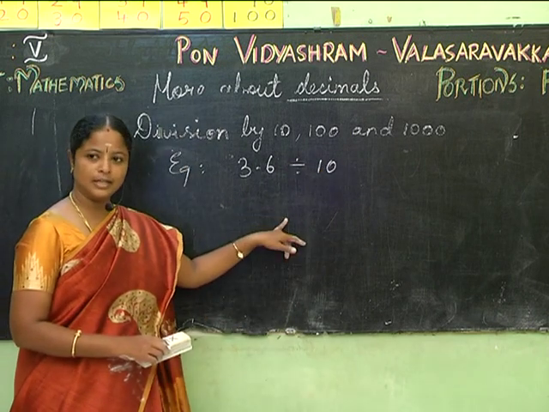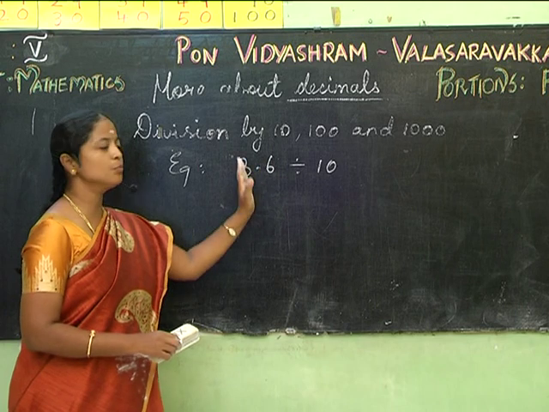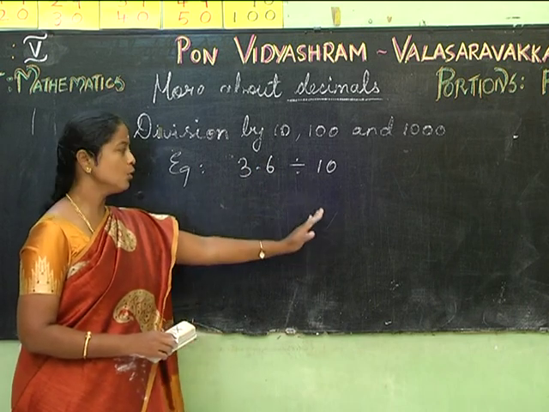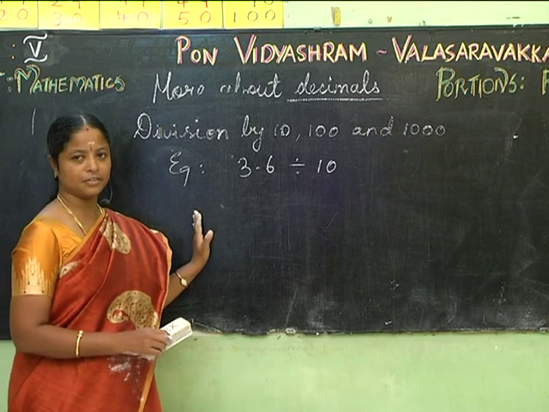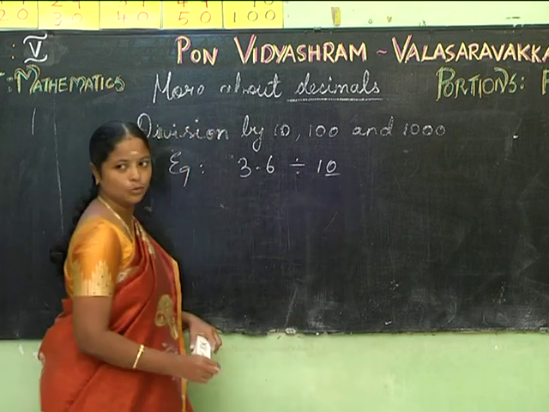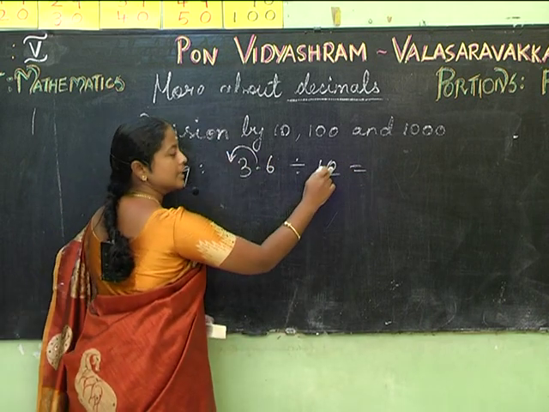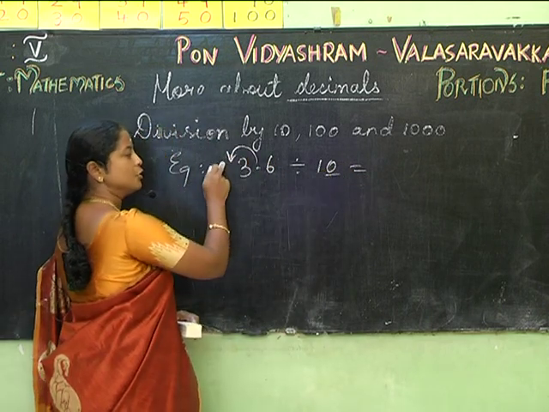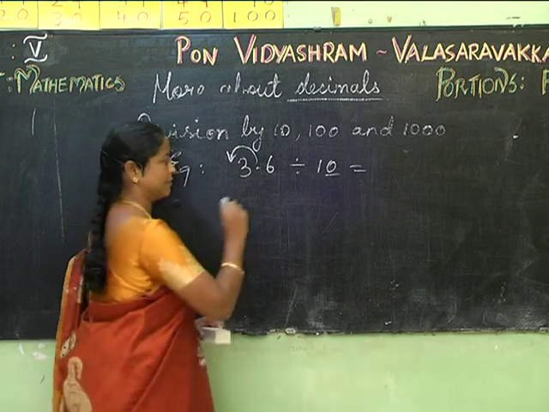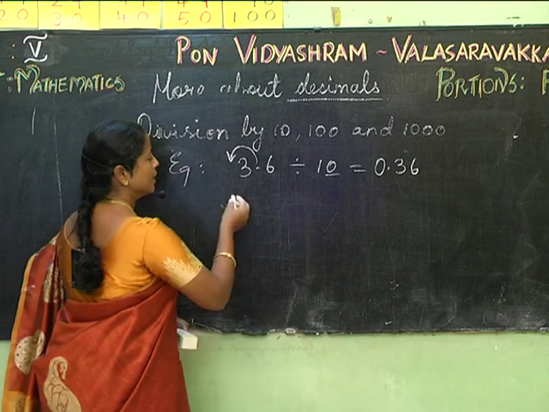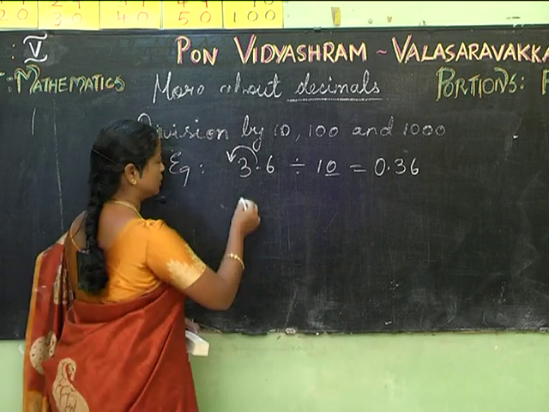As I told you earlier, in multiplication we are going to move the decimal point towards the right, but now we will move it towards the left according to the number of zeros. So one place, because here there is only one zero, we are going to move it one place towards the left. The answer is 0.36 or .36, both are same.